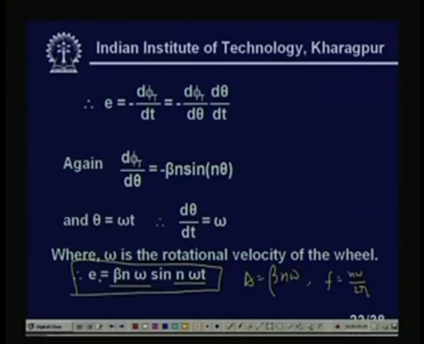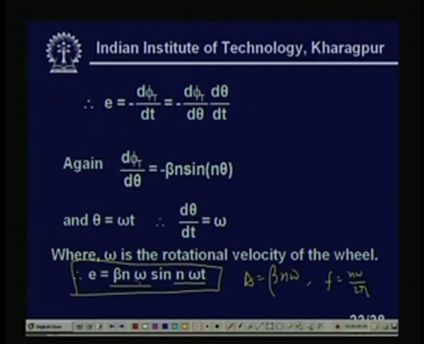If the rotation speed increases, this omega increases, and your output voltage also increases, but it does not depend directly only on omega. Here the amplitude increases and the frequency also changes. So, two are changing simultaneously, which is not a very desirable property.